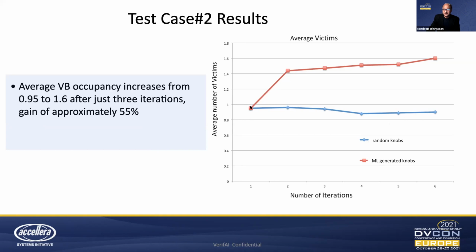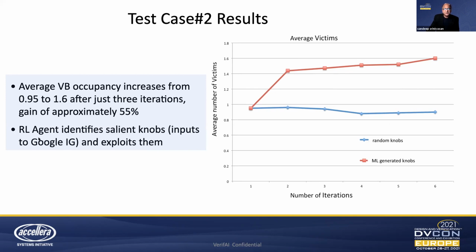With the reinforcement learning agent generating knobs, within 4 iterations, it starts to learn how to generate knob settings such that you get an average victim buffer count of 1.6 and above. The maximum victim buffer count is 4. Essentially, the RL agent has identified the salient knobs and salient knob settings for the input to the Google instruction generator and exploits them, while exploring as well, as I mentioned earlier.